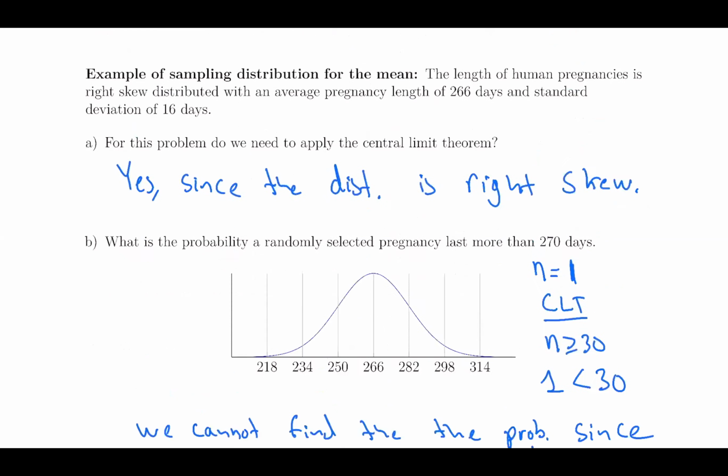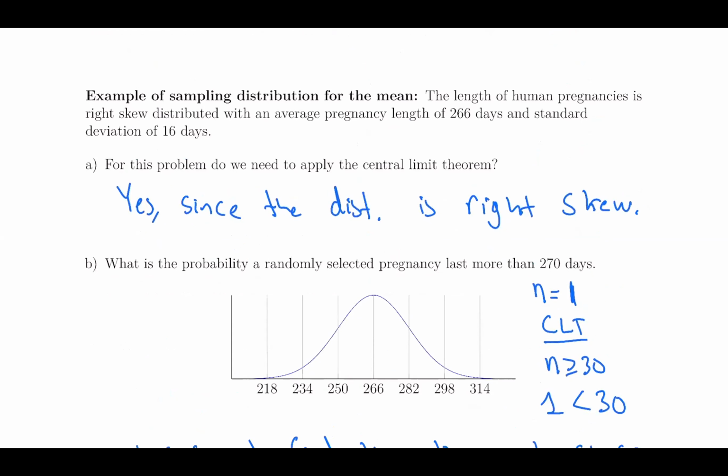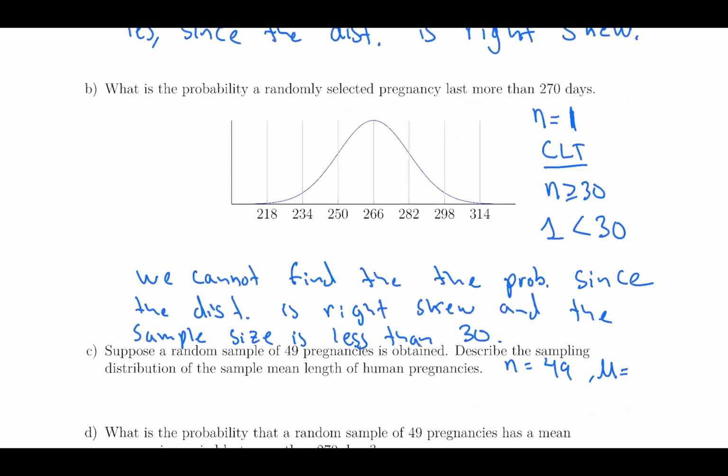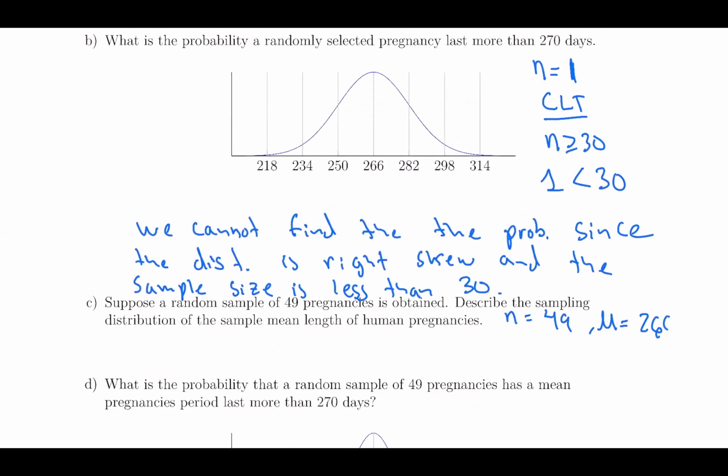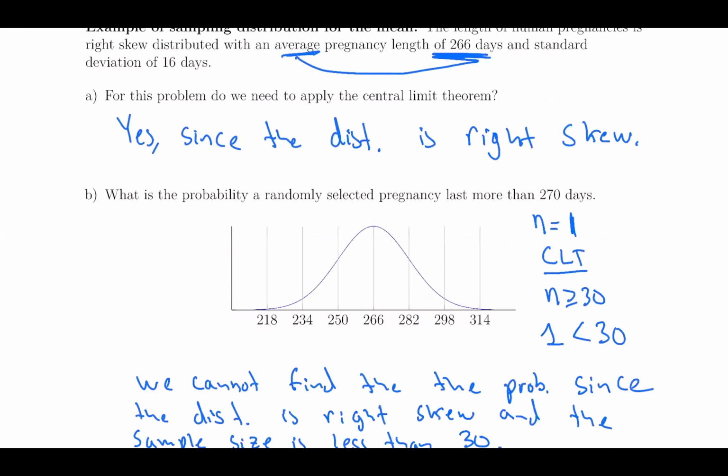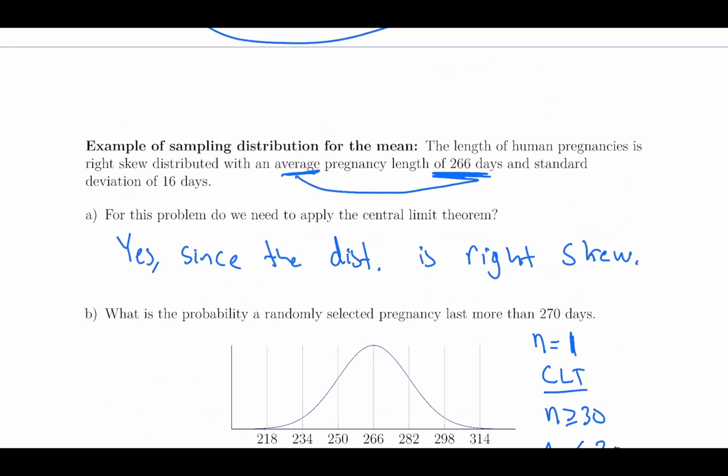What did it tell me the mean days for pregnancy was? 266, correct. It says average 266. What about my standard deviation? 16.